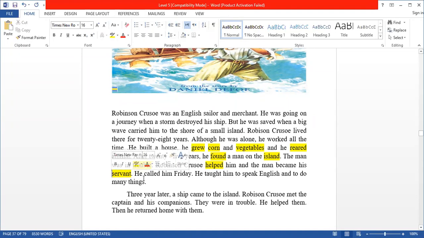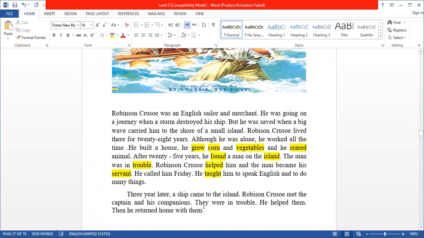Servant. He called him Friday. أطلق عليه اسم Friday. He taught him to speak English. Taught is the past of teach, to teach. Taught بمعنى درس أو علم. To speak, how to speak English and to do many things.